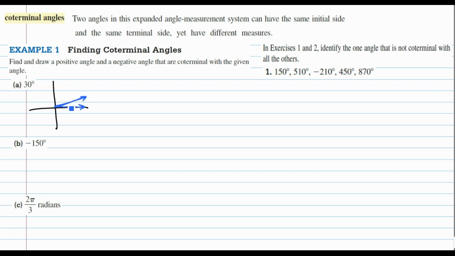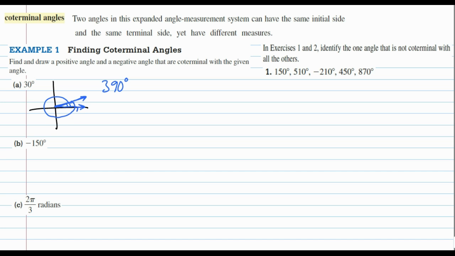For example, this 30-degree angle has the same terminal side as 360 plus another 30, so that would be 390 degrees, a coterminal angle. Or you could think of it going backwards, because we just discovered on the previous page that negative angles go clockwise.